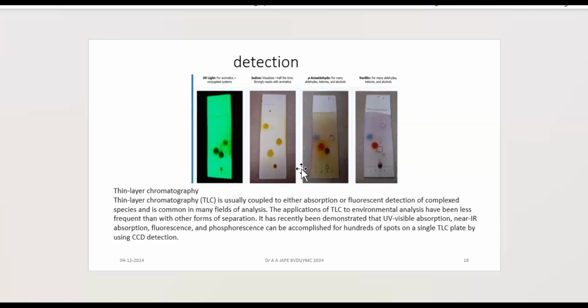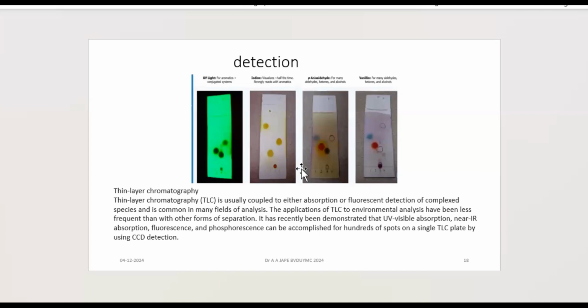Also, as I said earlier, the charring agent is a non-specific one and can be applied to a variety of biomolecules. It includes sulfuric acid and ethanol, and this mixture is sprayed onto the plate, and the plates are heated at say around 110 degrees Celsius, and the compounds will get charred, that is burned, due to sulfuric acid interacting with them, and brown color spots will develop.